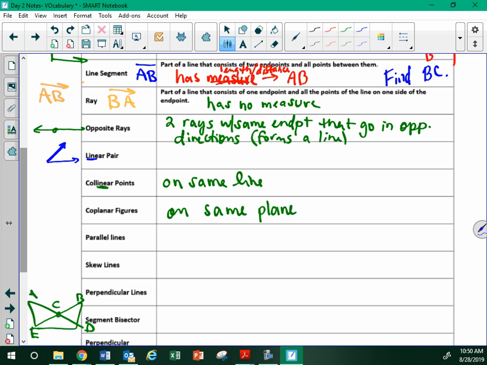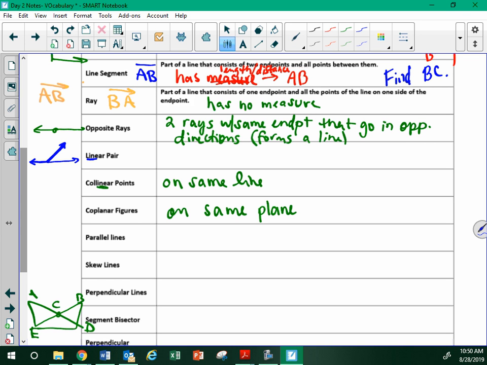And the other chunk of the angle has to be an opposite ray. What do you notice about these two angles? Yeah, they form that line, they're supplementary, right? So now, supplementary is not in our definition, but it's important you make that connection for linear pairs and supplementary. We'll talk about that more later. But a linear pair is essentially two adjacent angles whose non-common side, so the side that they don't share, forms opposite rays. So basically makes that line.